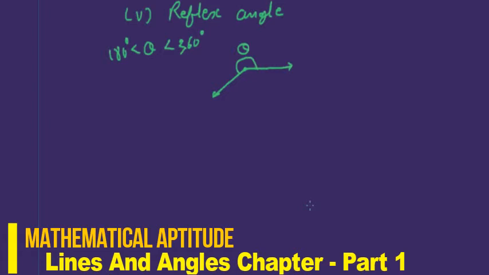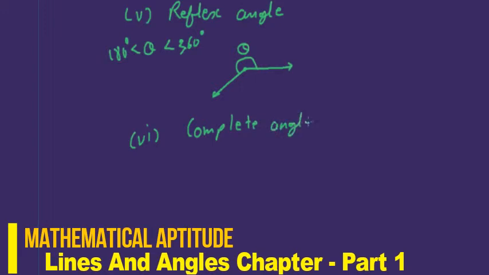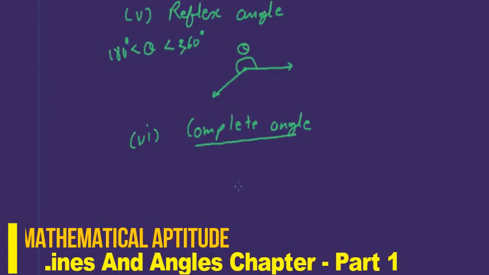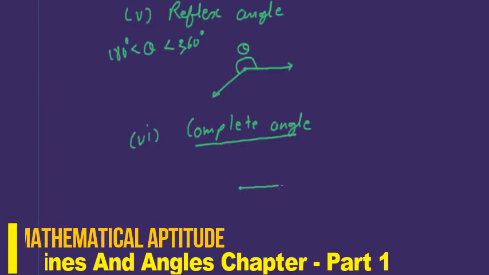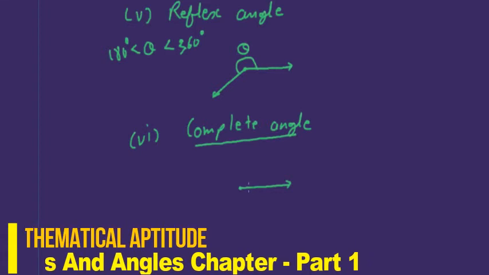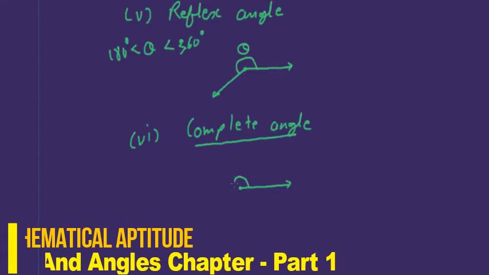After that reflex angle we have a complete angle. What do you mean by complete angle? Complete angle means that this is our initial ray and we rotate this ray in an anti-clockwise direction.